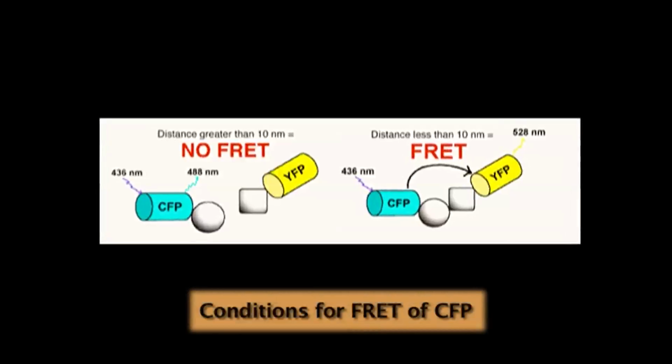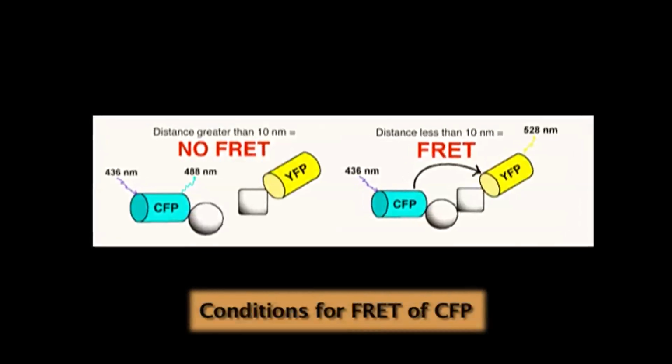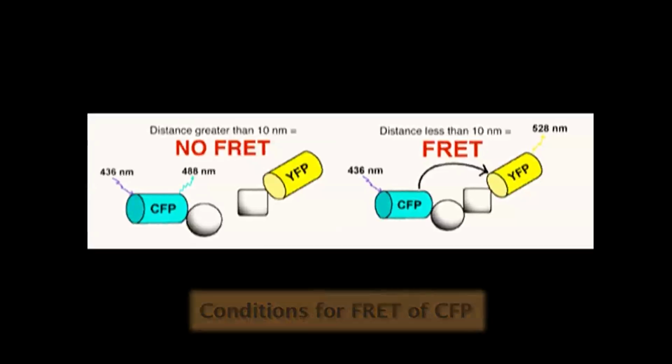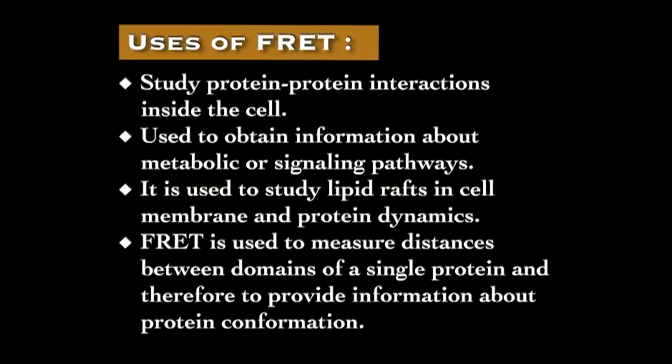So what you do is actually you excite CFP and get fluorescence of YFP. Only when all the FRET conditions are maintained, then you can see the fluorescence from YFP. Now, FRET is widely used in biology to see in vivo protein-protein interaction, to see the dynamics of the membrane, to see the lipid rafts, as well as to see multi-protein interaction and the trafficking of different proteins from one part of the cell to another.